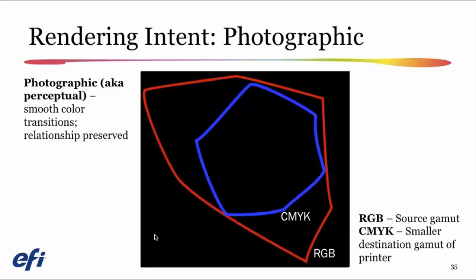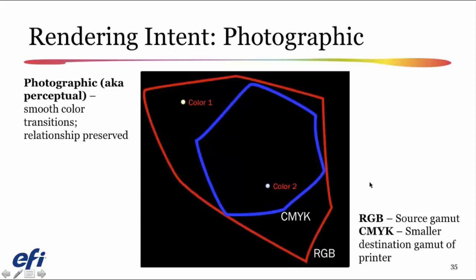So the first rendering intent, which we call photographic on the Fiery, is also known as the perceptual rendering intent. Perceptual is the name that's used in standard ICC nomenclature and in some of the applications including the Adobe Creative Suite. For an example, if I look at the RGB source space, which is this much bigger space than the destination output space, and I give an example of two colors in this space, so I have color number 1, which is outside the gamut of my print system, and color 2, which is already in gamut of the print system.